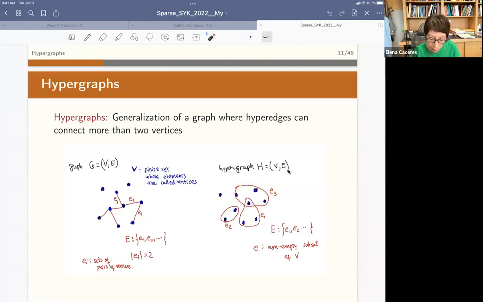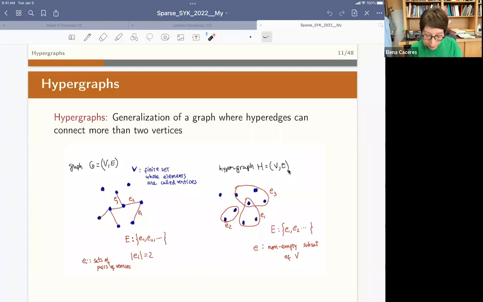Instead of the line, this would be a hyperedge, which can connect more than two vertices. The set E of edges in a graph is a set of pairs of vertices, while here a hyperedge can connect many vertices. It's a non-empty subset of V. Okay, cool. So that's the idea.